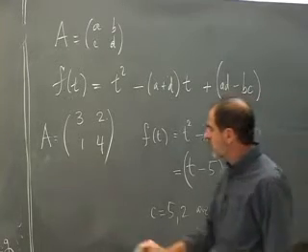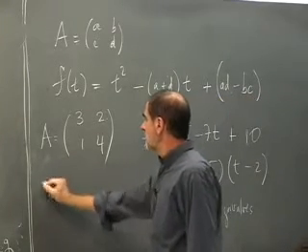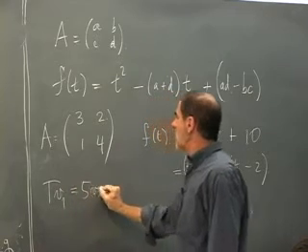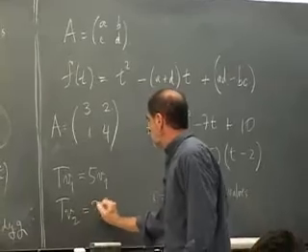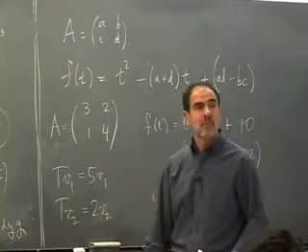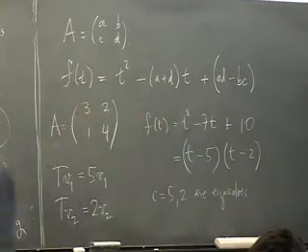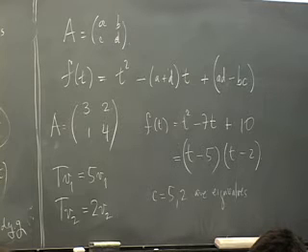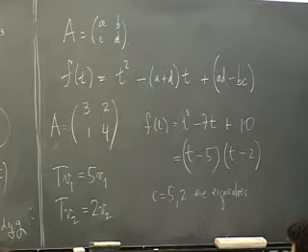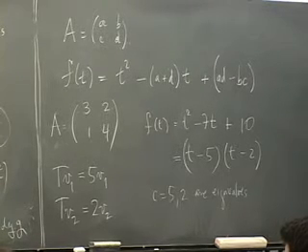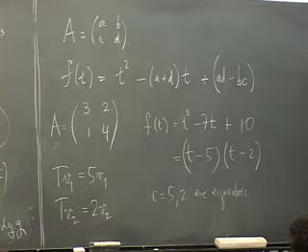Namely, we have a vector v1 such that T of v1 is 5v1, and we have a vector v2 such that T of v2 is 2v2. Looks good, huh? Looks like we might have a basis of eigenvectors. We have two of them. Are they linearly independent? Why?